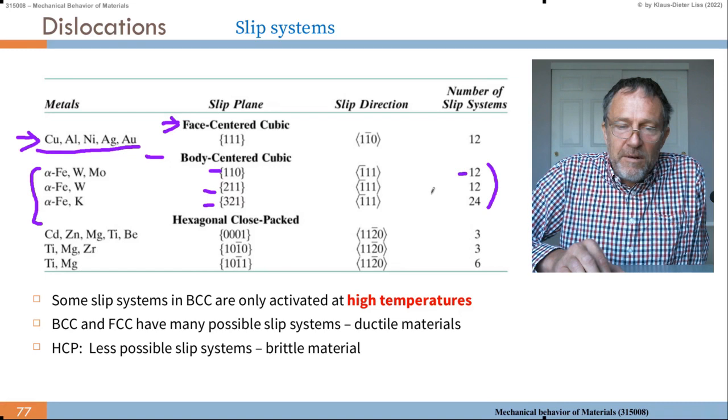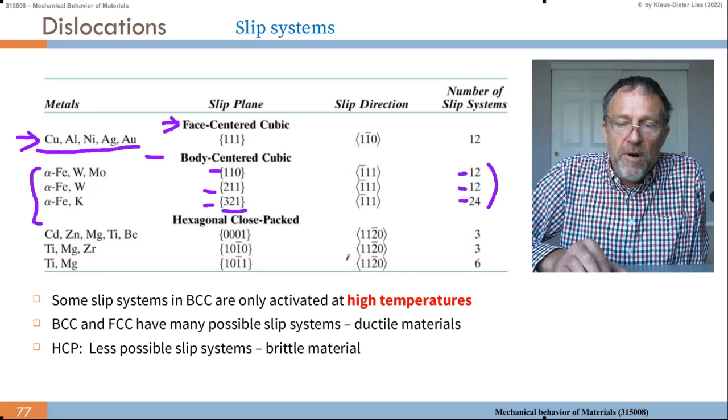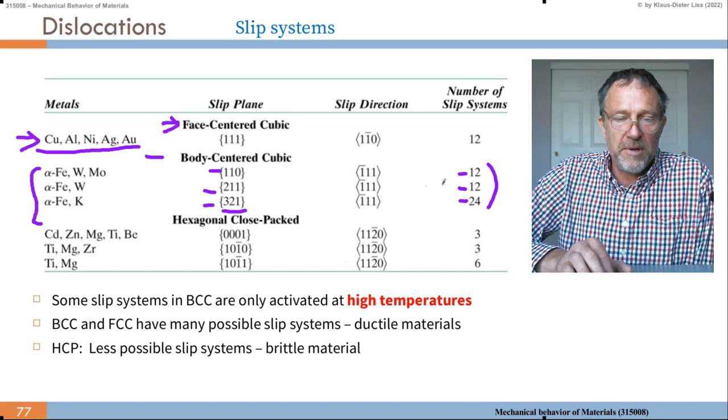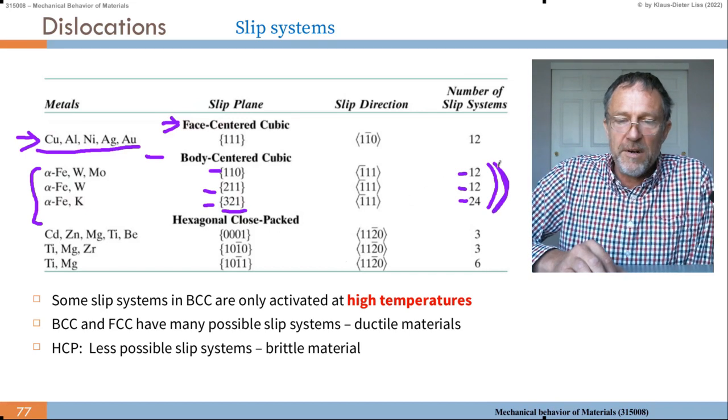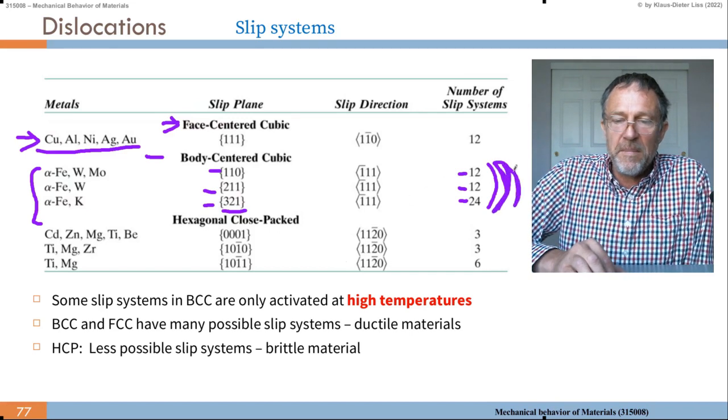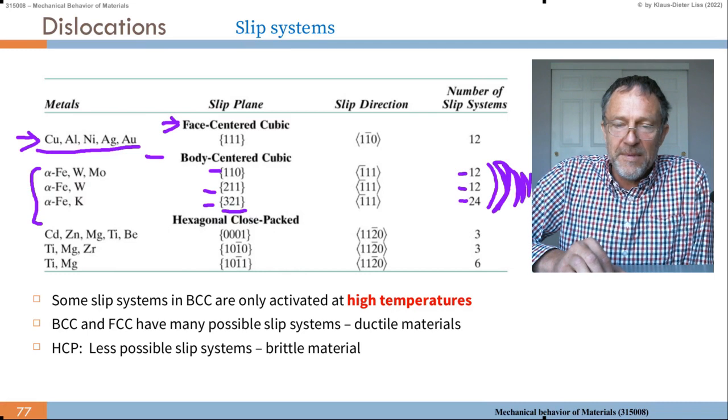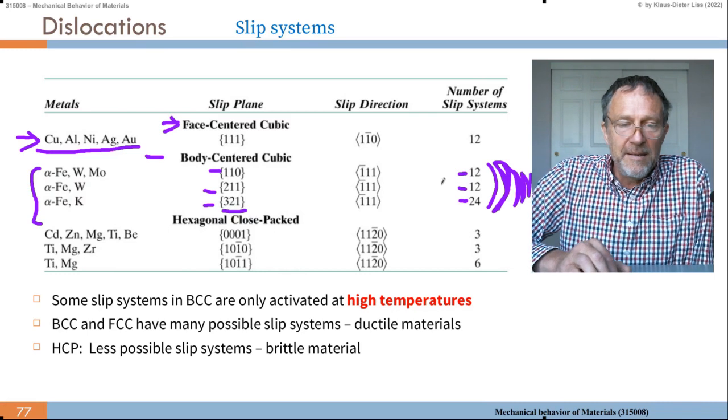If we look at the {211}, we also get 12 slip systems. And if we look at the {321}, that's the low symmetry, so we get 24 of these systems possible. So we have a lot of possible deformation systems in body-centered cubic material.